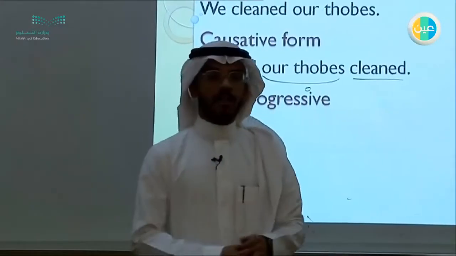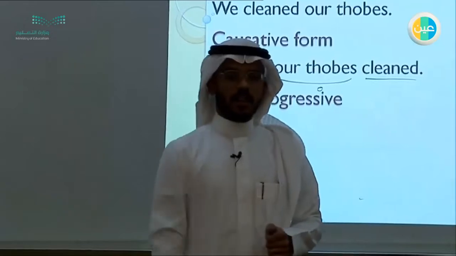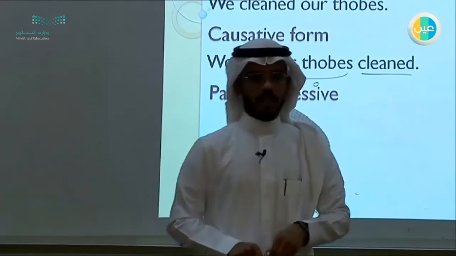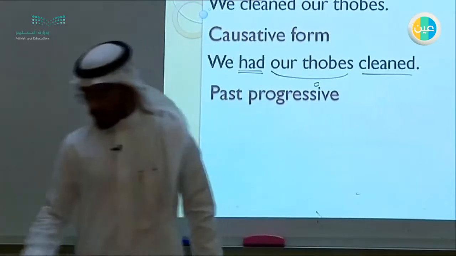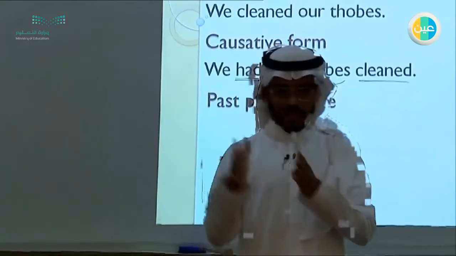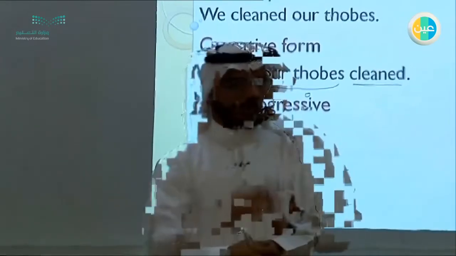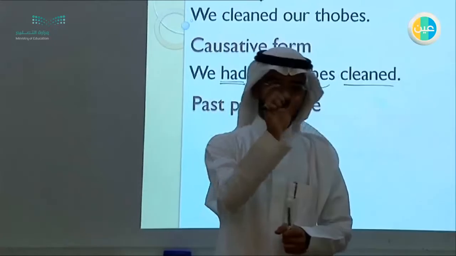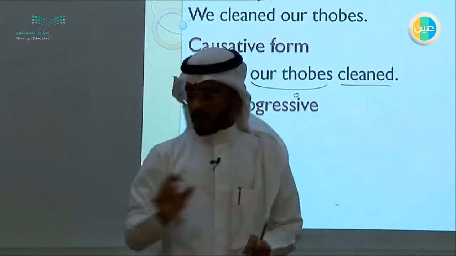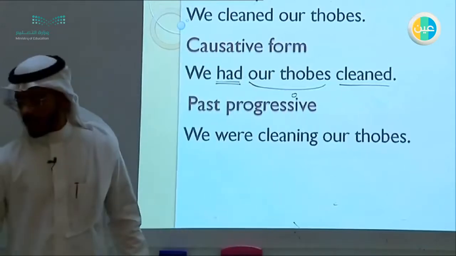We cleaned our thobes at 7 p.m. yesterday. حددت الوقت متى حدث. Okay, past progressive وشكل الفعل طبعا نفس ال present progressive ing. But don't forget, الماضي في am, is or are. No, in the past we use was or were. Okay, let's take this sentence.